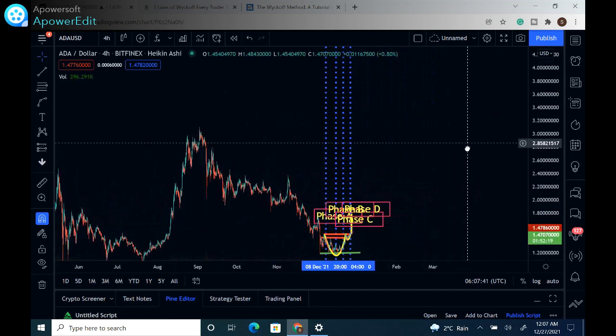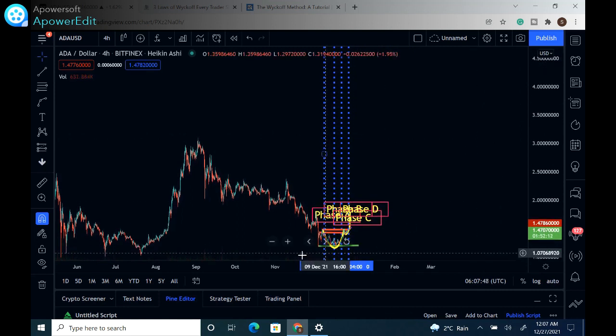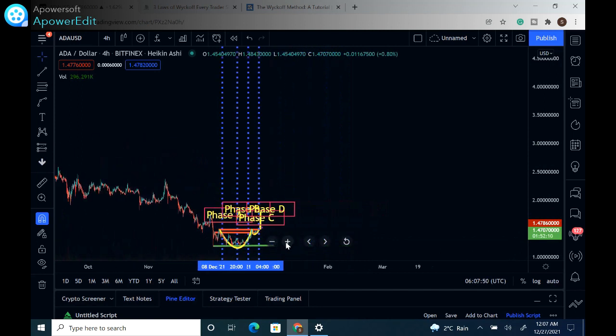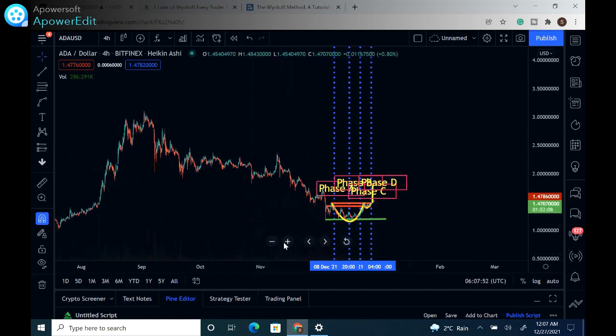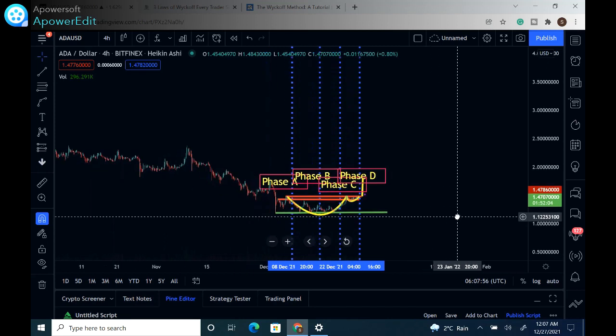And then I believe that this is the start of the bull run for Cardano, and that in 2022 the Cardano price may reach the 20 to 25 USD range, because many new tokens are using the Cardano platform as a launchpad and for smart contracts.